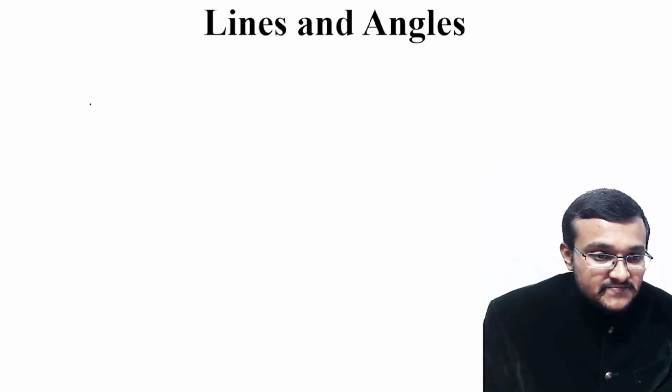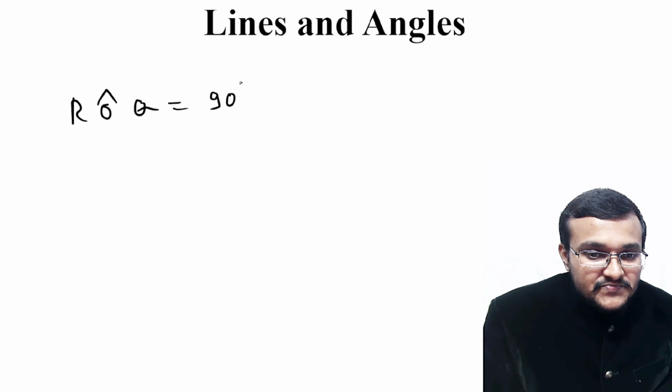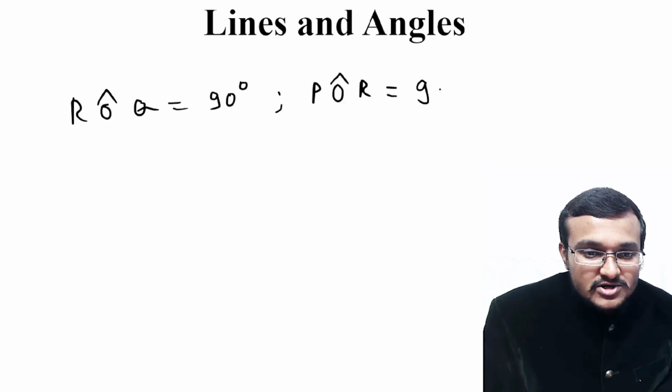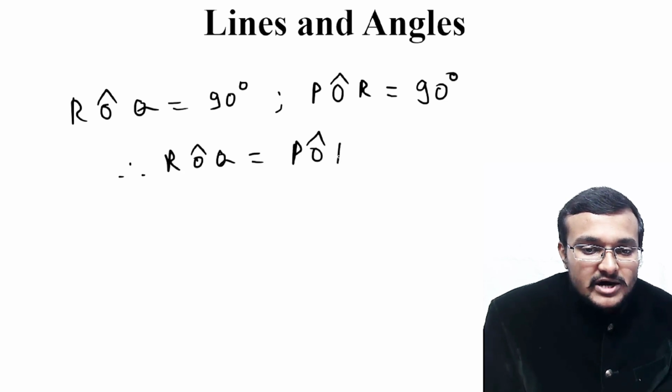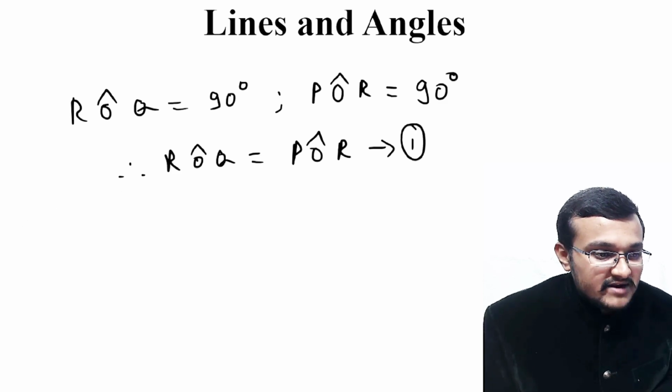So that means we are getting ROQ as 90 degrees, and we are also getting POR as equal to 90 degrees. Therefore ROQ is equal to POR. This we will remember, and we will call this equation 1.